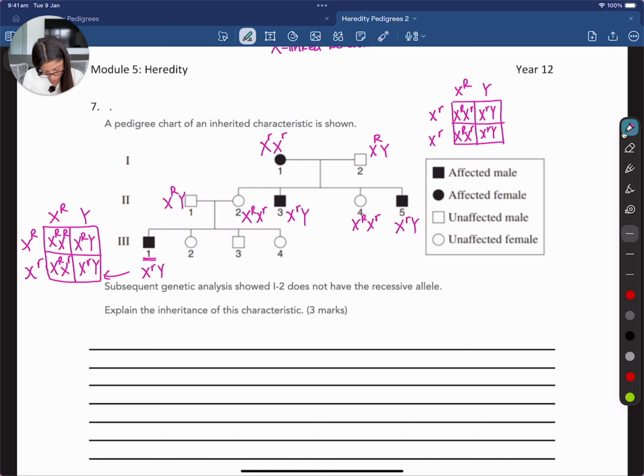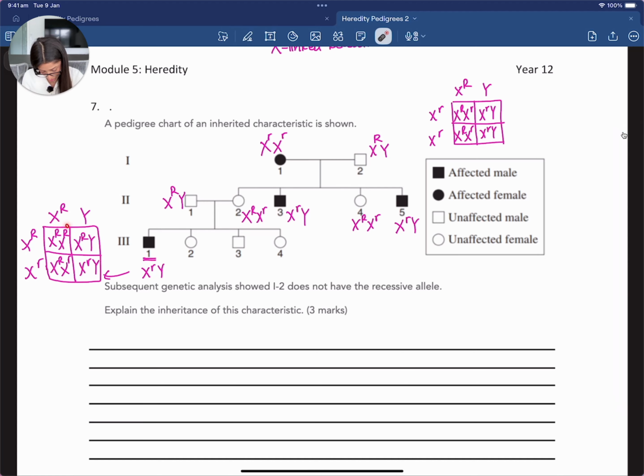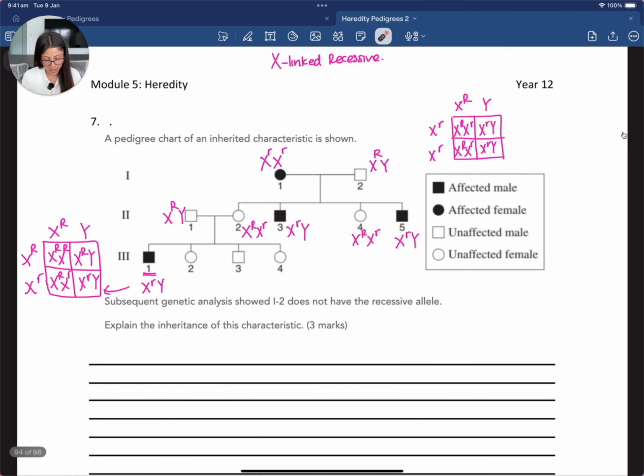We have 2 unaffected females, so they could have either one of these genotypes, doesn't matter. So there's no obvious contradictions there. And then we also have a male here who is unaffected. So we also see that this genotype is a possibility for the male. So everything's working well, there's no contradictions. I can definitely then say that it's a sex-linked recessive condition.